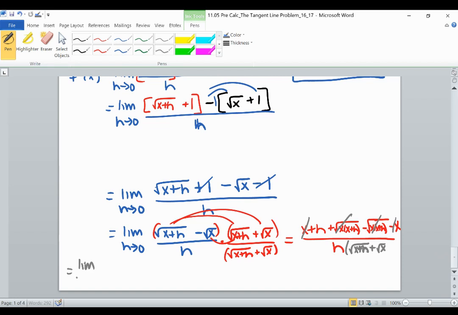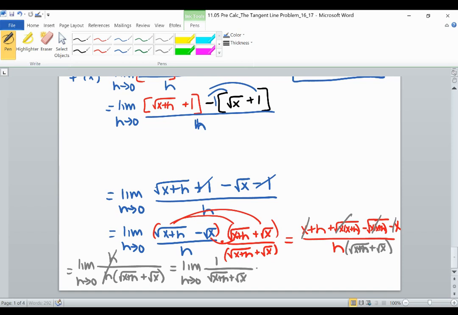I'll write that out for you so you see what I mean. So in the top, I just have an h. In the bottom, I have h times the square root of x plus h plus rad x. So now these cancel out, leaving me with the limit as h approaches 0. I have nothing in the top, so that must mean I have a 1 over the square root of x plus h plus the square root of x.